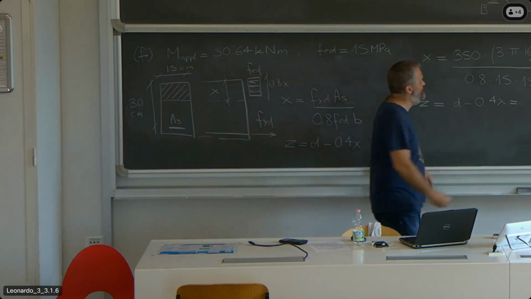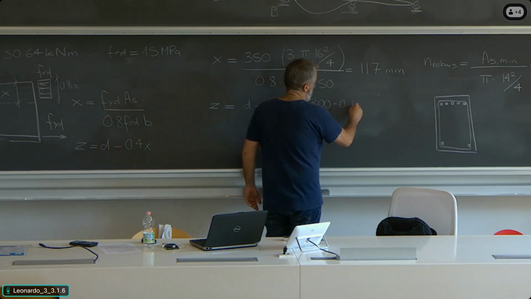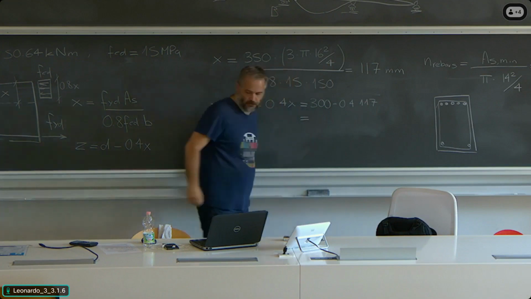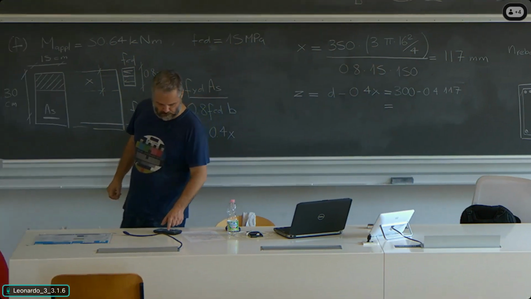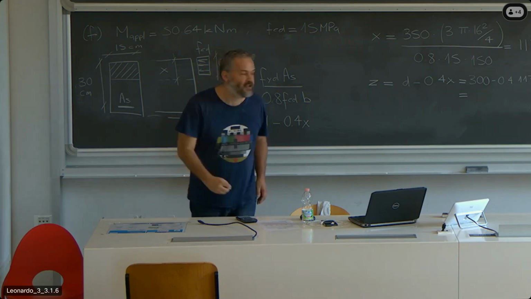So here we have 300 minus 0.4 times 117. This is equal to 253 millimeters.